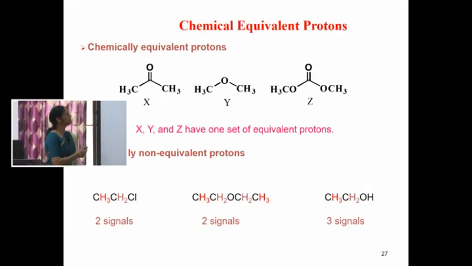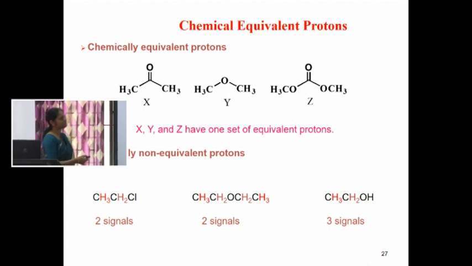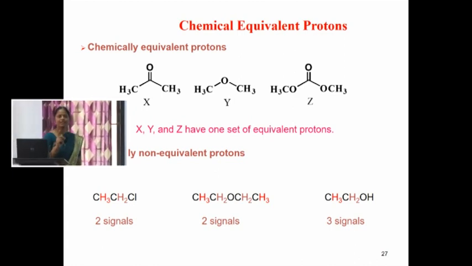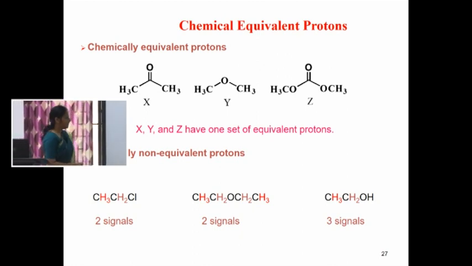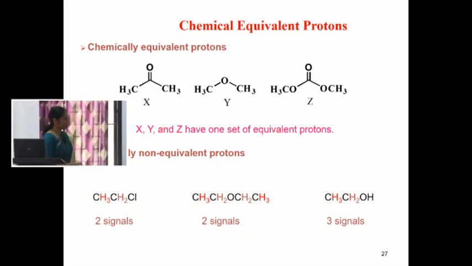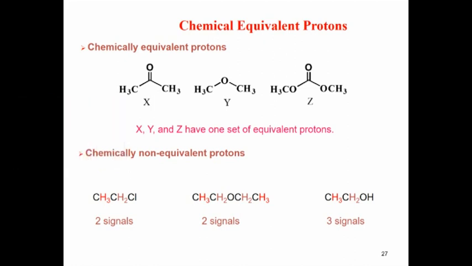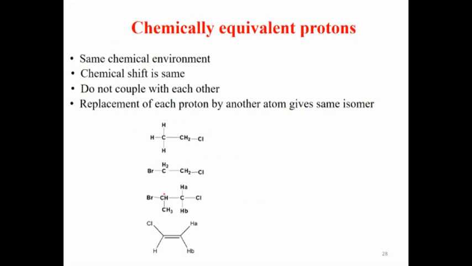So let's do chemical equivalence. All these compounds contain only a single type of proton or hydrogen. Let's see here. The first example is ethyl chloride, 2 kinds of hydrogen, diethyl ether, 2 kinds of hydrogen, and ethanol, 3 kinds.